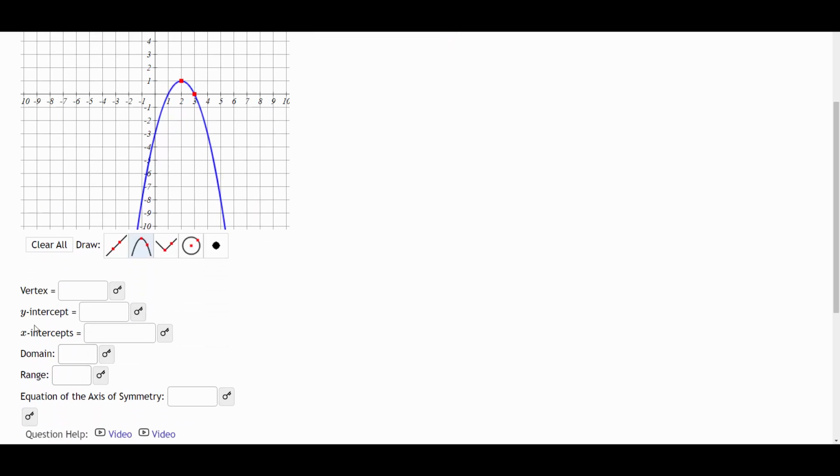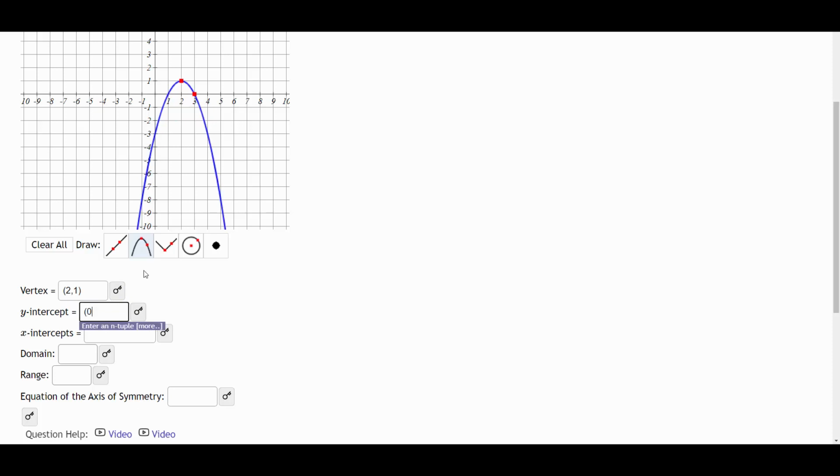Then I'm going to come down here and describe all the important points, right? So the vertex is the first point that we plotted. That was at (2, 1). So when I type this in, I need a parenthesis, 2, 1, parenthesis. A lot of you guys were forgetting the parentheses when you were writing down that vertex. All right, y-intercept located right here. That's at (0, -3).